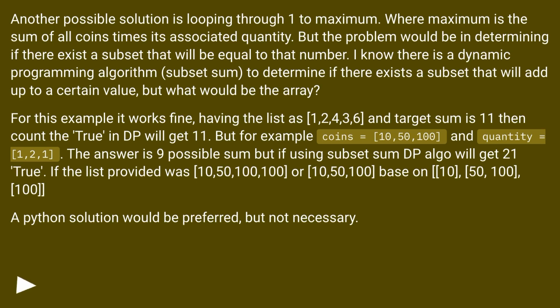But for example, coins equals 10, 50, 100, and quantity equals 1, 2, 1. The answer is 9 possible sums, but if using subsets and the DP algorithm, I will get 21 true. If the list provided was 10, 50, 100, 100, or 10, 50, 100, based on 10, 50, 100, 100.